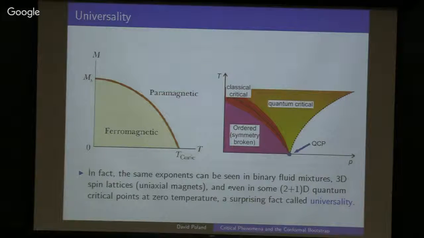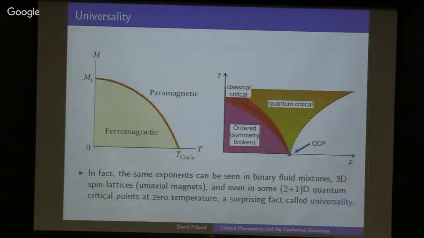Such systems are known to have quantum critical points, which occur at 0 temperature. And some quantum critical points in 2 + 1 dimensions exhibit the same critical exponents as you approach the critical point as you see in water and other fluids.